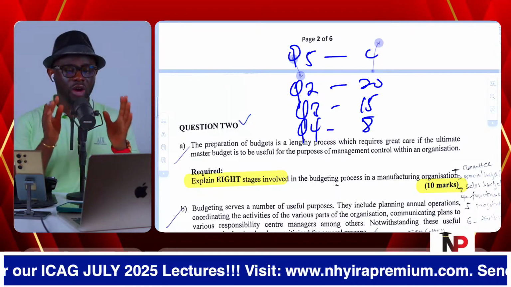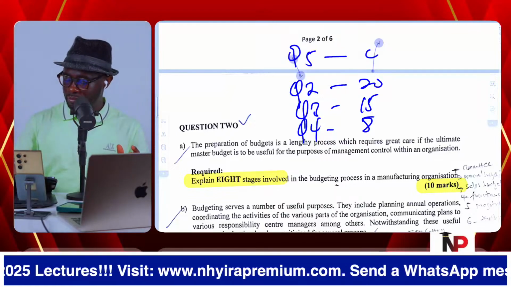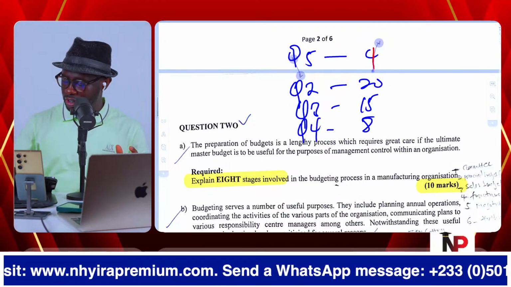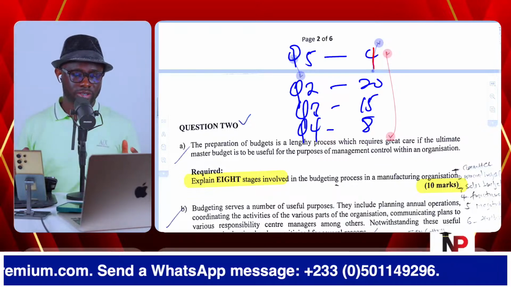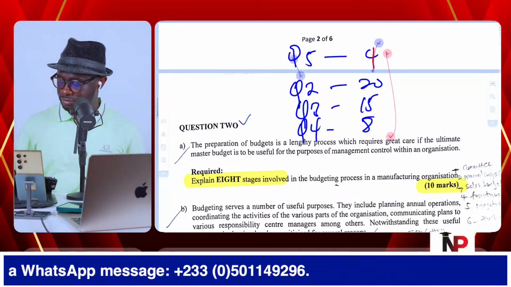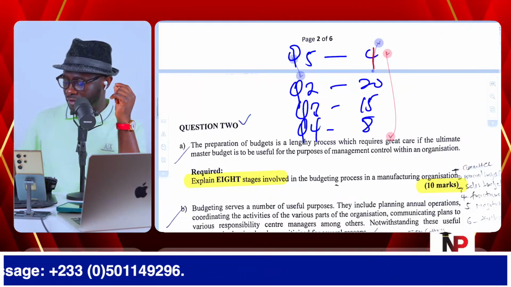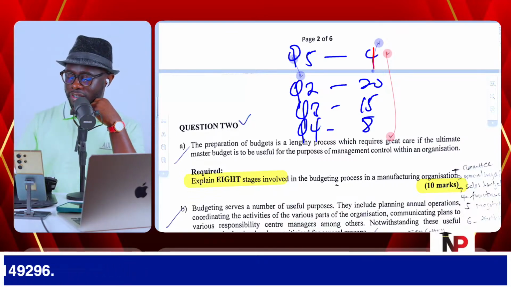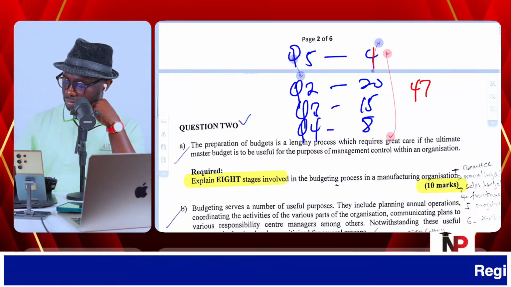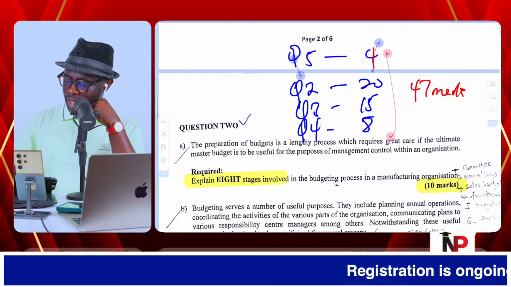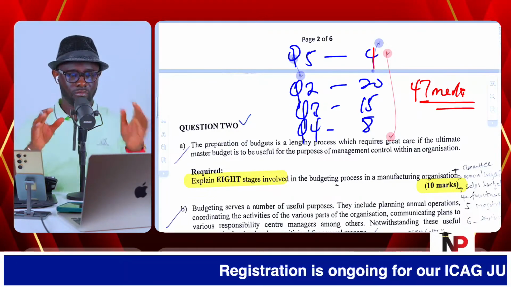And so if you add it together, in the March 2025 examination, the theory questions were what? 20 plus 15, 35, plus 12 will be 47. So 47 marks of the question were theory.